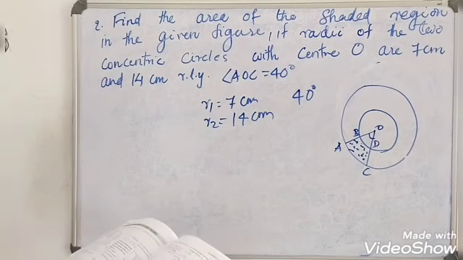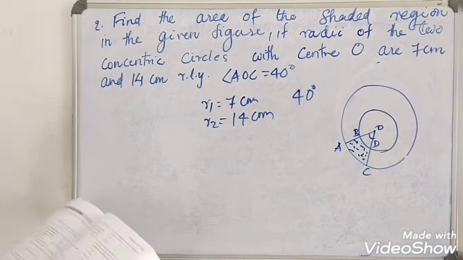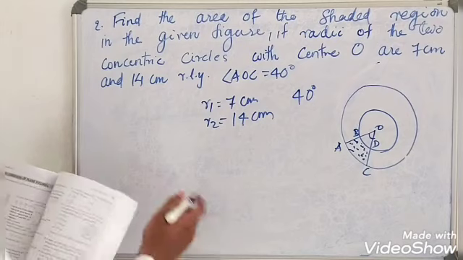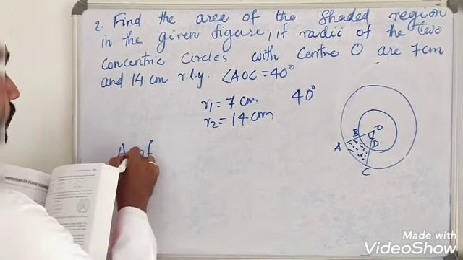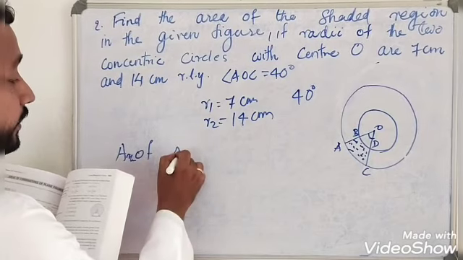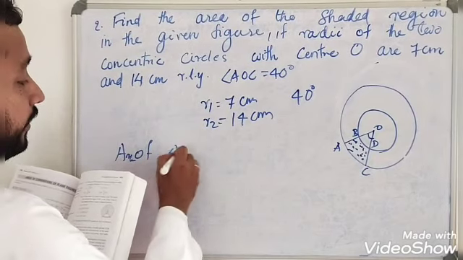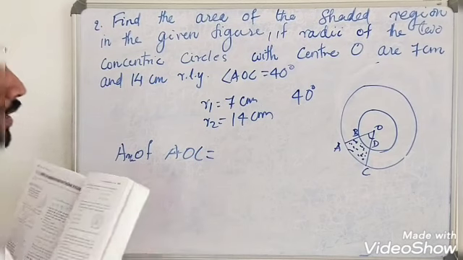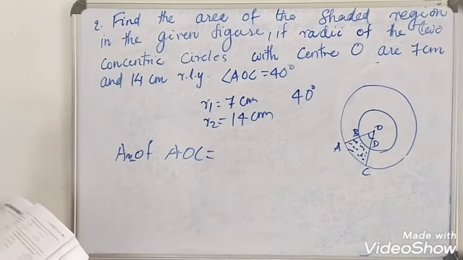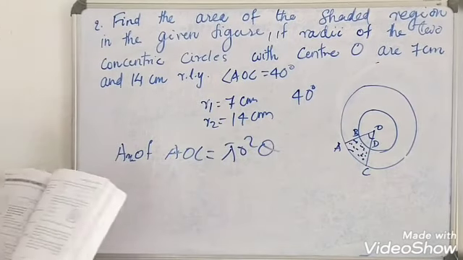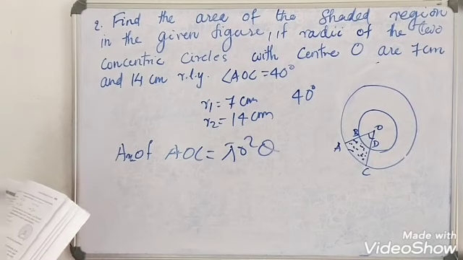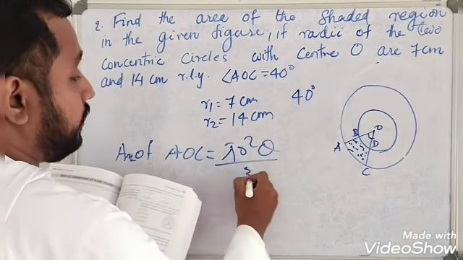Area of sector AOC, we know the radius is 14 centimeters. Our formula is pi r square theta by 360 degrees.